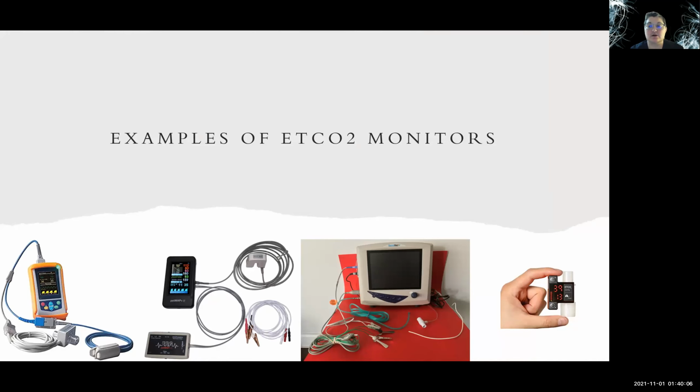It just depends on which one your practice is keeping as to what kind you will have. But when it comes to the CO2 and how it reads, generally, if you've got a mainstream or a side stream, you're still going to be reading the same things.